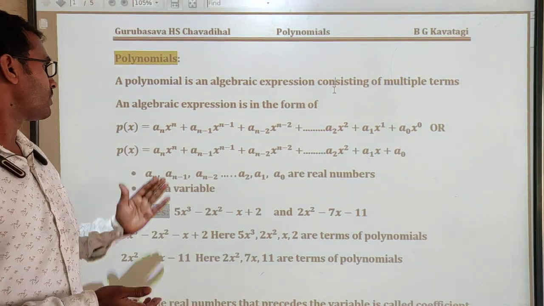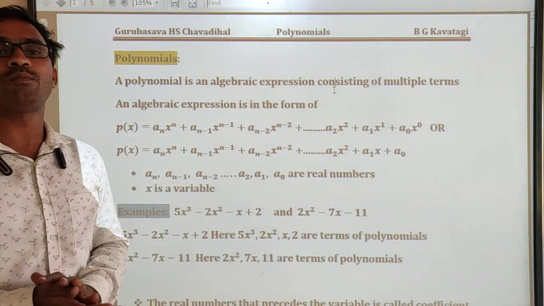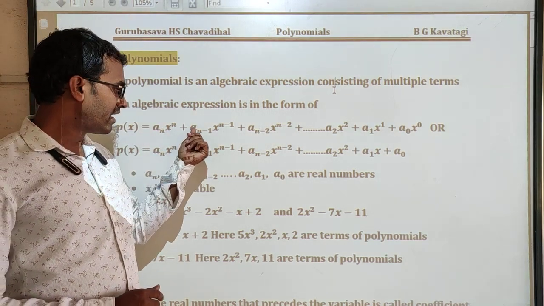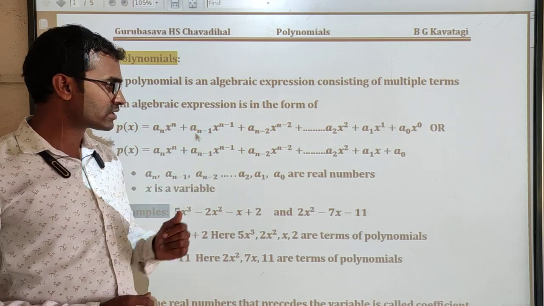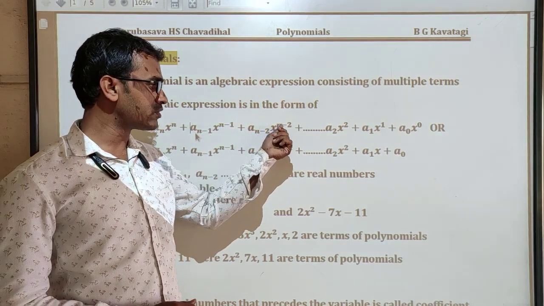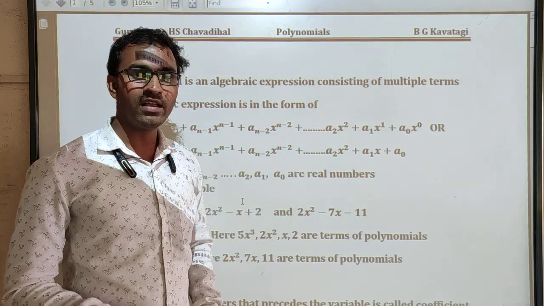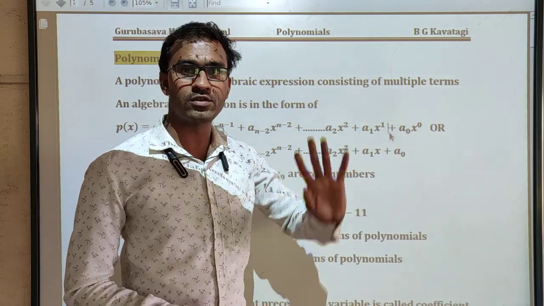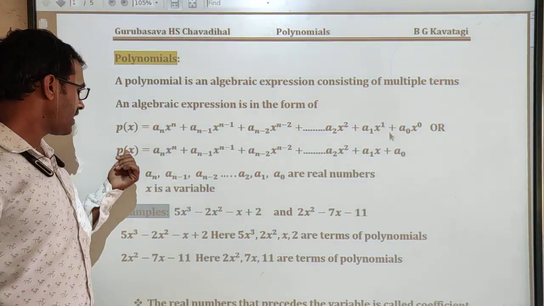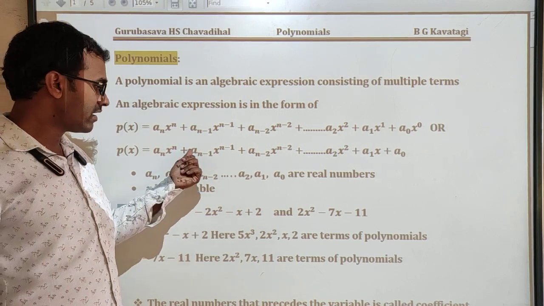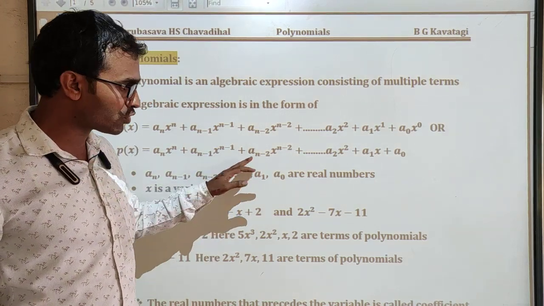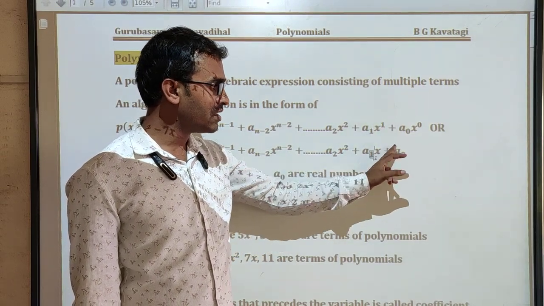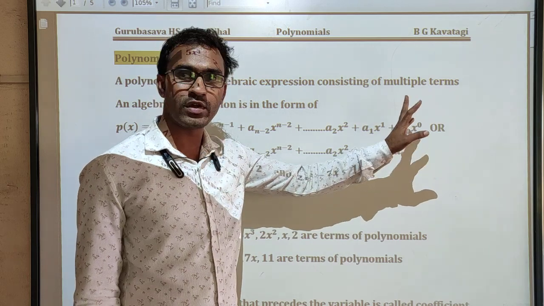Or another way, an algebraic expression in the form of p of x equal to a_n x raised to n plus a_(n-1) x raised to n minus 1 plus a_(n-2) x raised to n minus 2, and so on, up to a_1 x raised to 1 plus a_0 x raised to 0, where x raised to 0 equals 1.